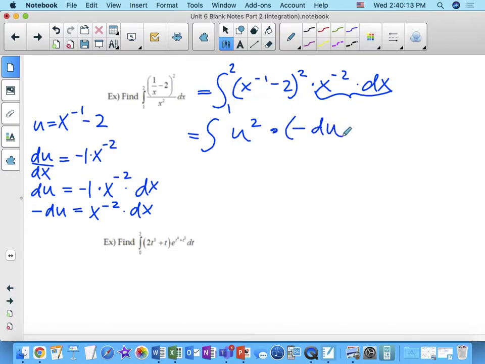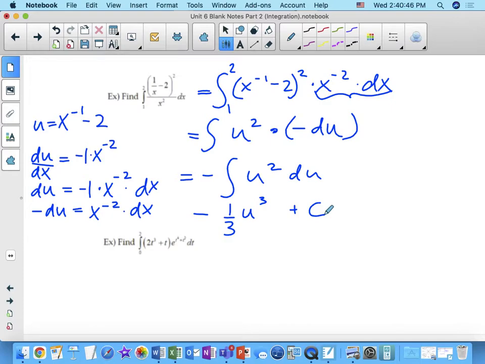Okay, and I can bring the negative out if I want. And so this is going to be negative 1 over 3 u cubed plus c. And of course, now we're going to go back and sub in the expression that we replaced u with, which is x to the negative 1 minus 2.